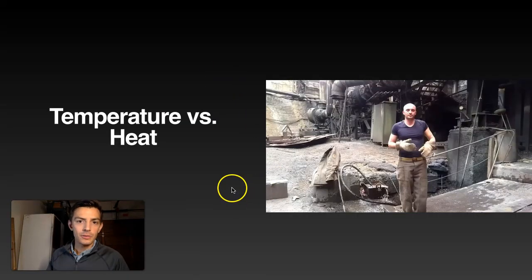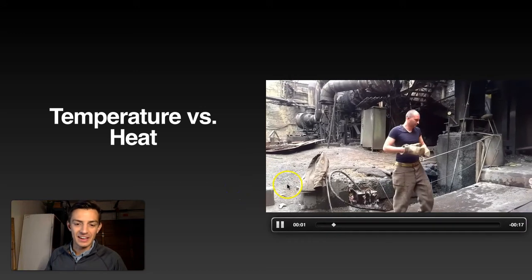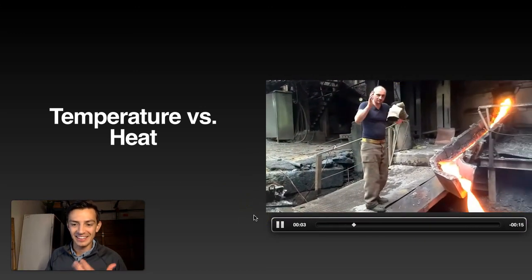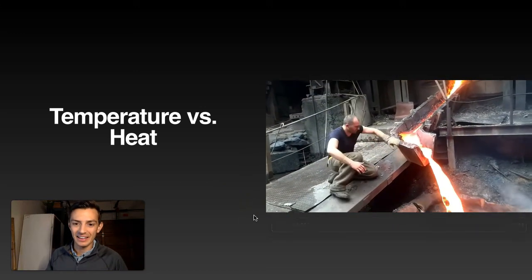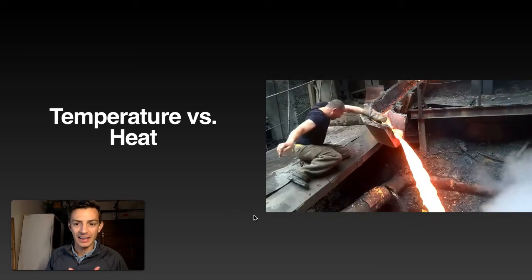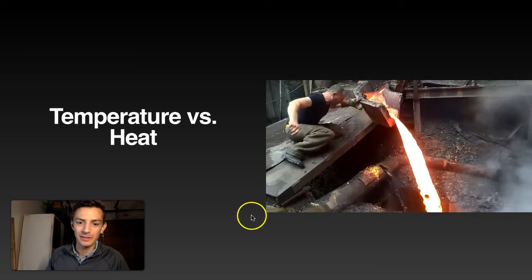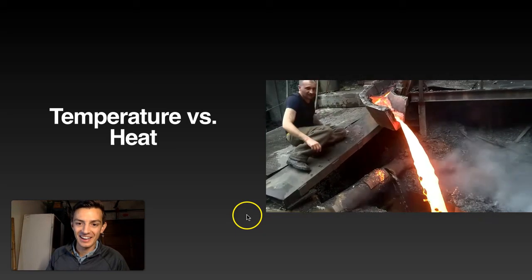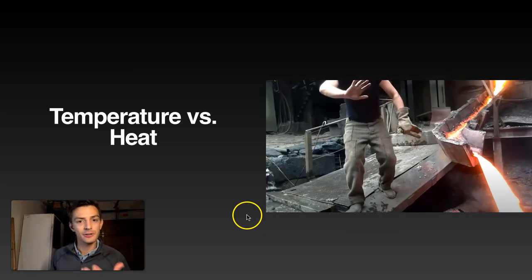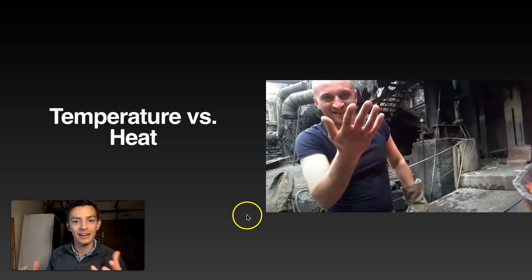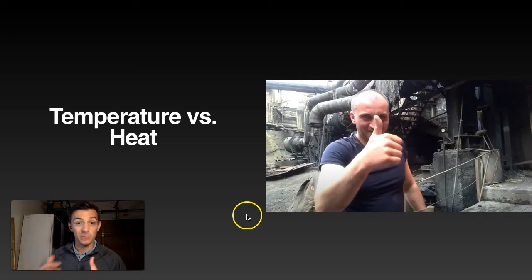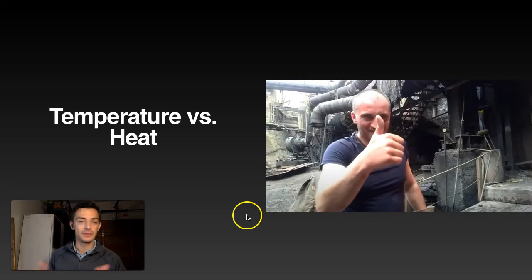So then how does this guy actually beat the temperature and the heat odds by slapping metal and not getting burned? How does this work? Well, if we understand average kinetic energy and kinetic motion as what defines temperature, human flesh burns at, I don't know, 130 degrees Fahrenheit, something like that.